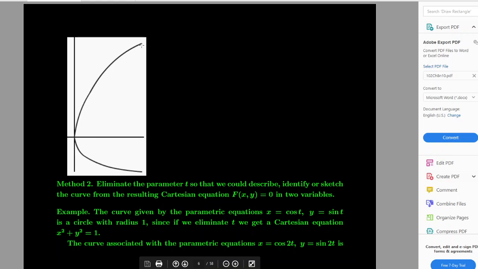And then we can treat this parametric curve as a directed curve. We can treat this point as the initial point, and this point as the terminal point.